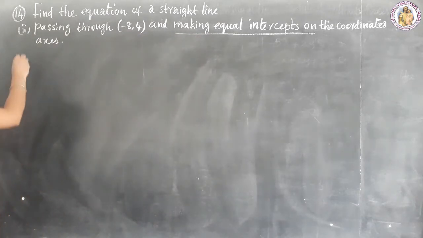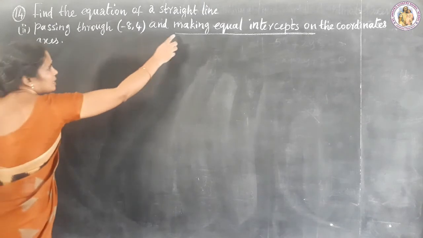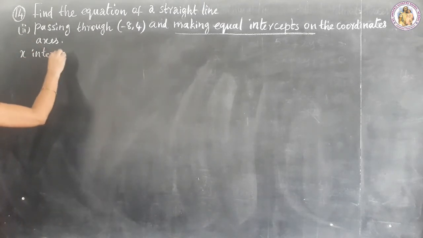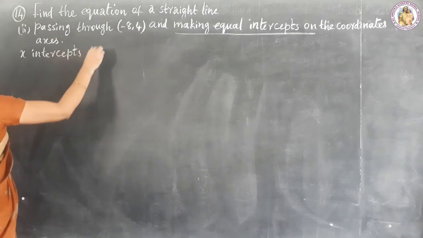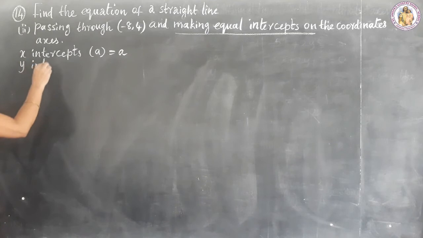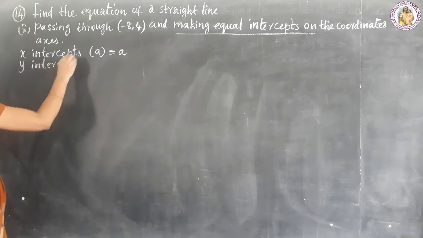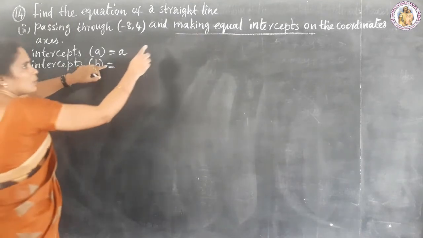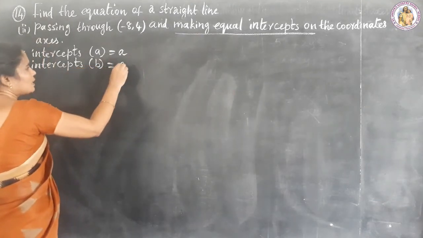Here, as it is given as making equal intercepts, so the x intercept is a and the y intercept b is, as it is given as making equal intercepts, also a.